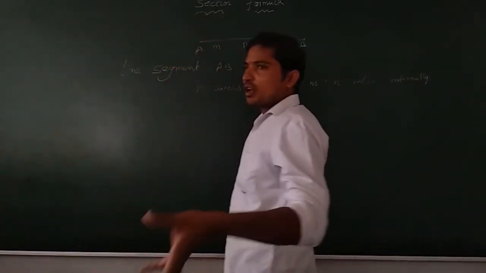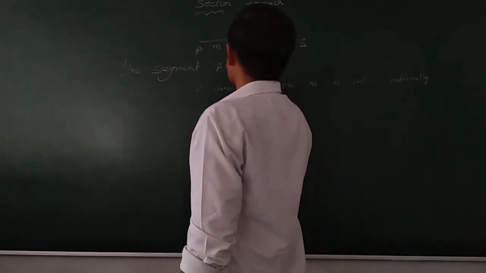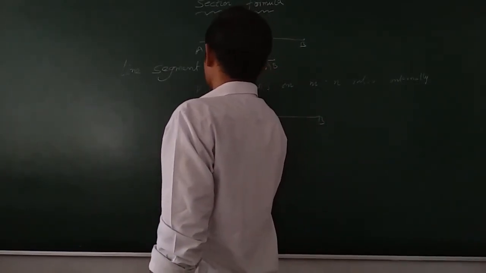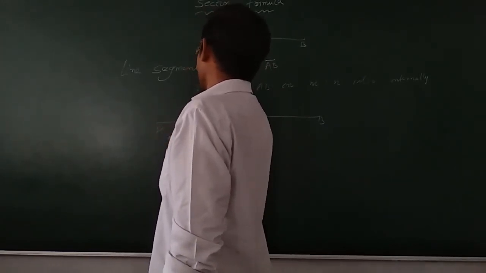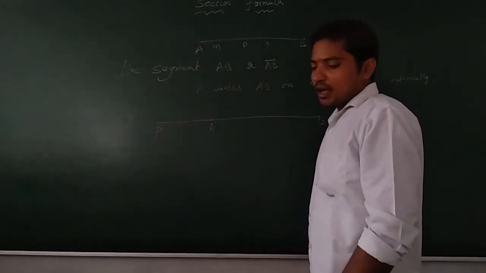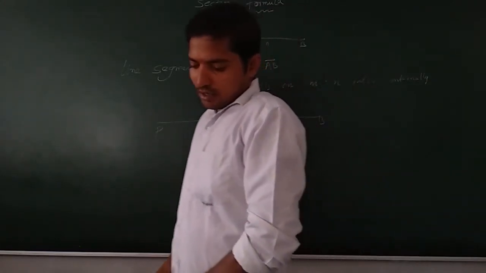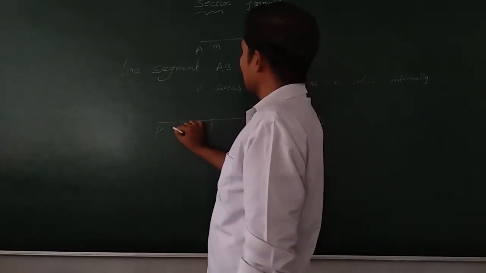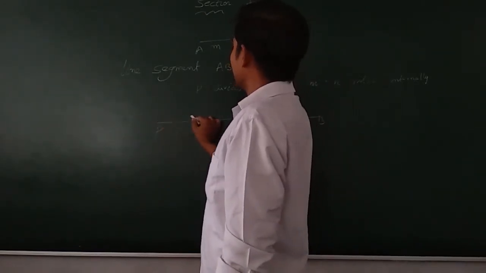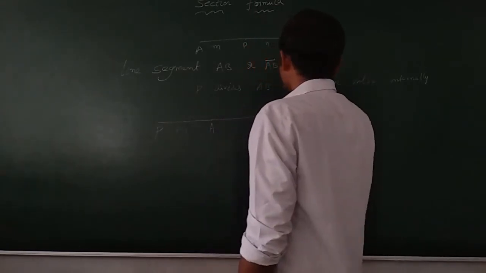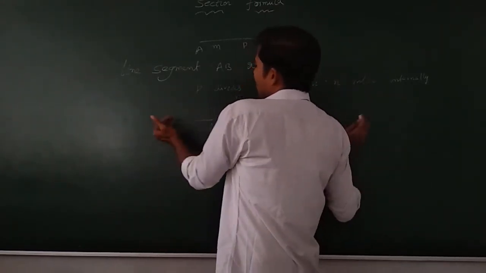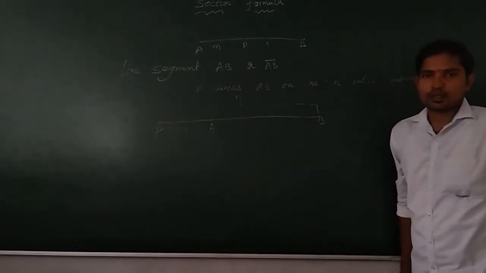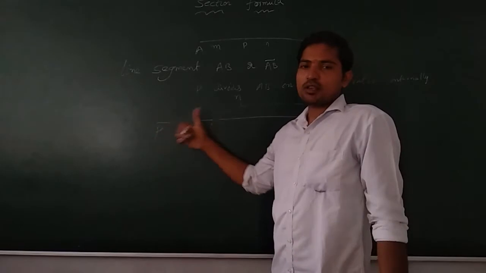P divides externally, how it will be, let us see. Take a line segment, and suppose P is here, with M and N at the same time. P is the exterior point of AB.